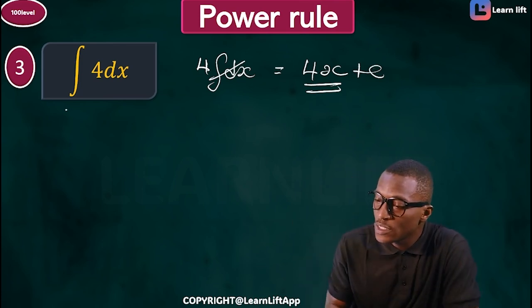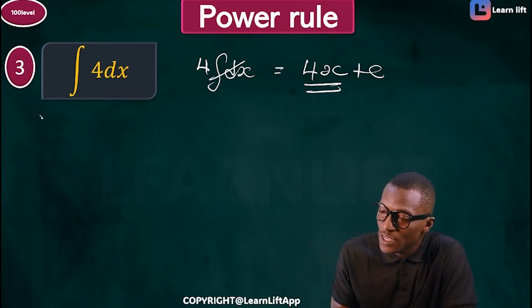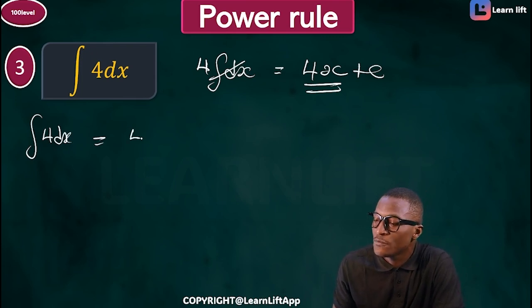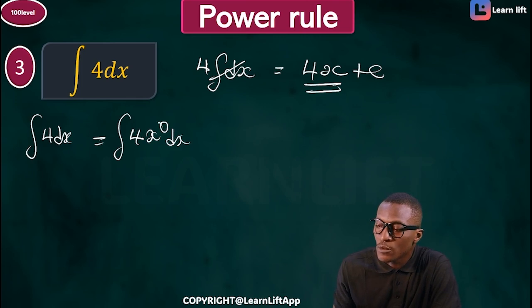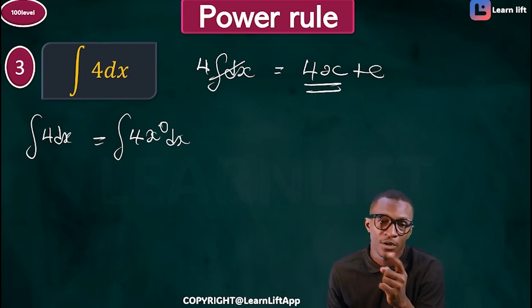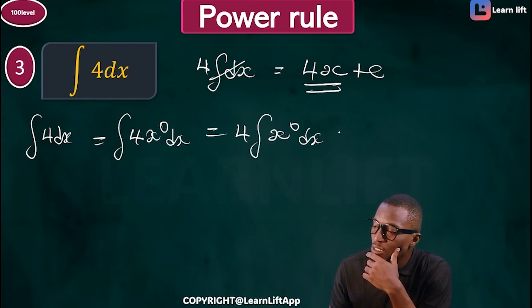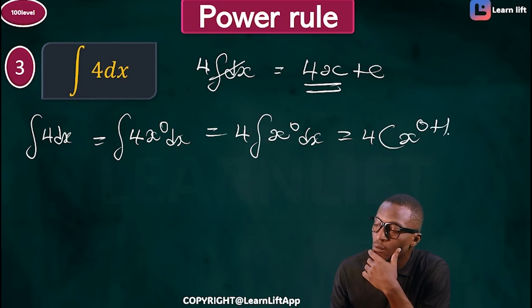Or you can decide to say that this is practically the same. If they have the integral of 4 dx, this is the same as saying 4 x raised to power 0 integral dx, because x raised to power 0 is 1. Is that correct? So bring out your 4 now. This now becomes 4 integral of x raised to power 0 dx. So that will become 4 into x raised to power 0 plus 1 all over 0 plus 1 plus c.